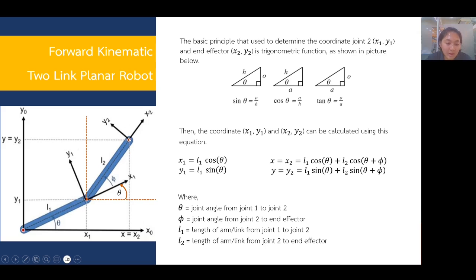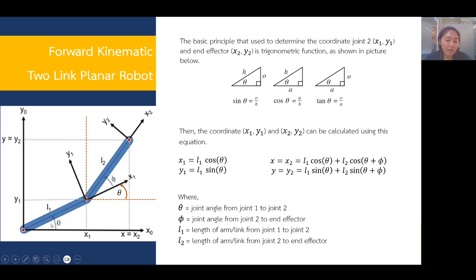And then the y coordinate, which is y2, is equal to L1 multiplied by sin theta plus L2 multiplied by sin of theta plus pi. So this is the total of x1 plus x2 and y1 plus y2.